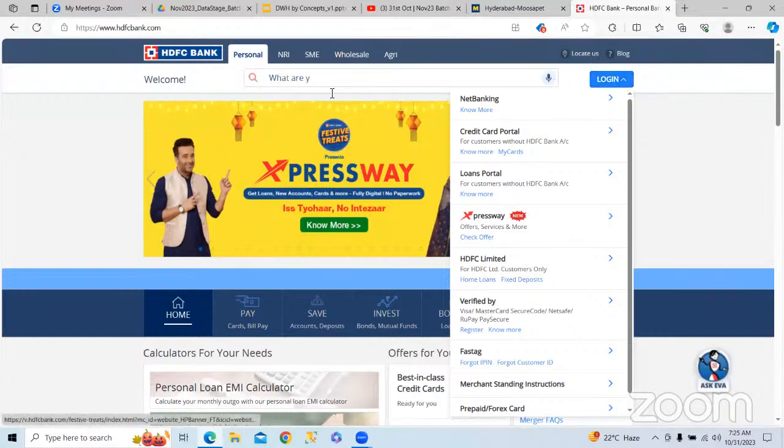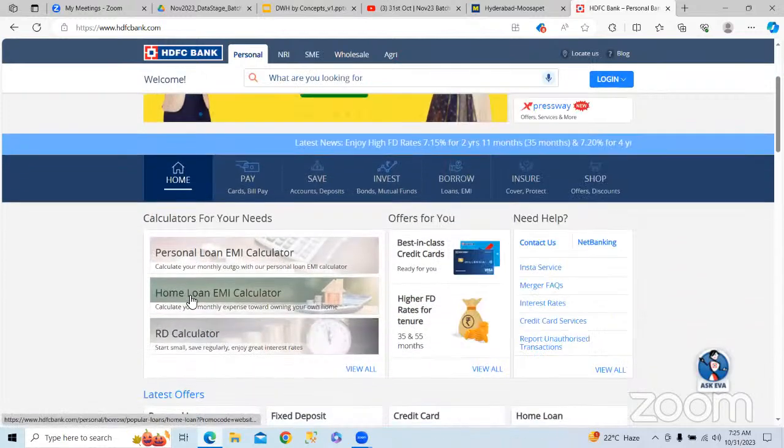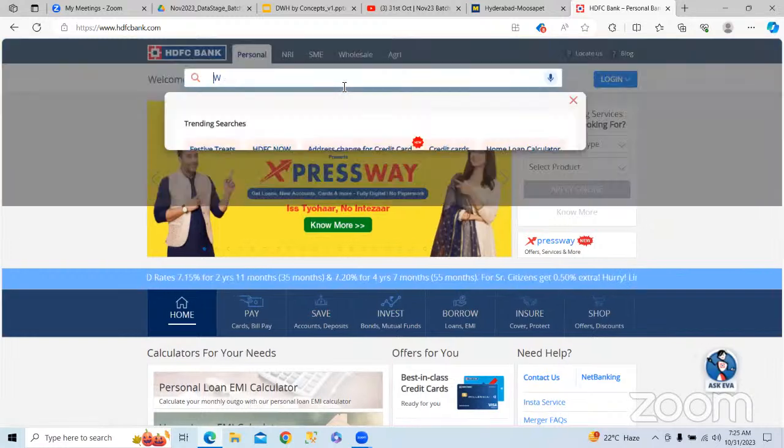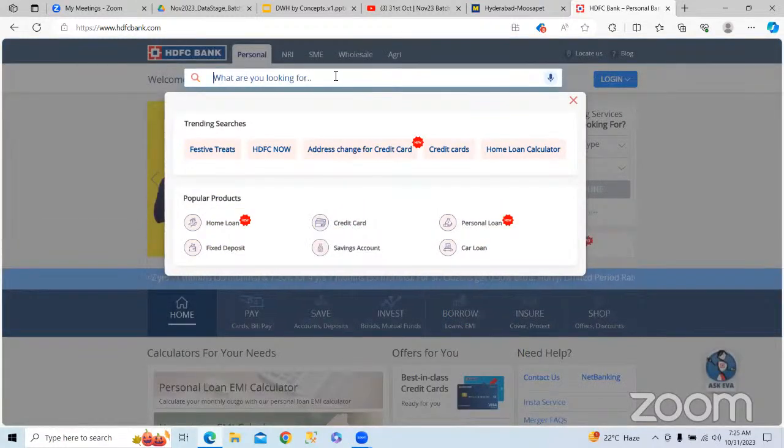You can see the list of product categories: home loans, FD, credit card, saving accounts, personal loan, car loan.